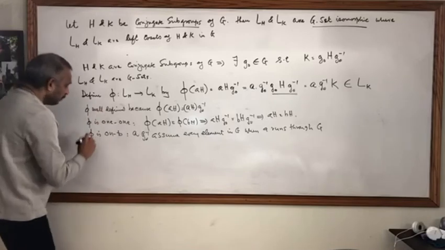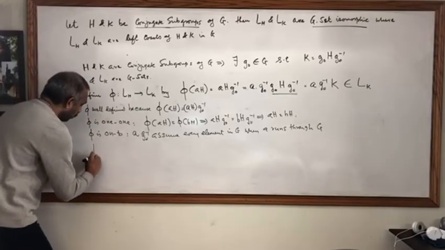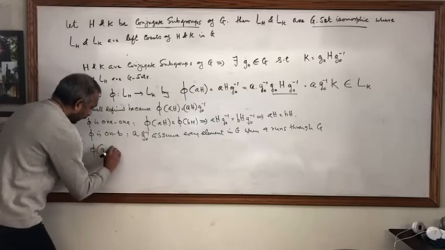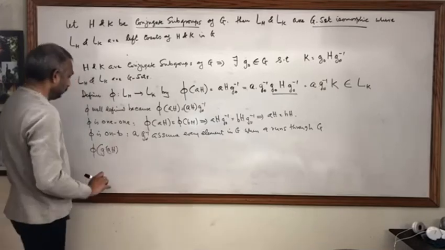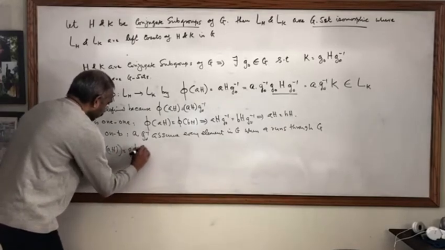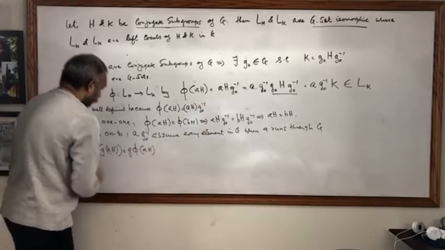The only thing which we need to prove is phi of G AH is equal to G of phi AH.